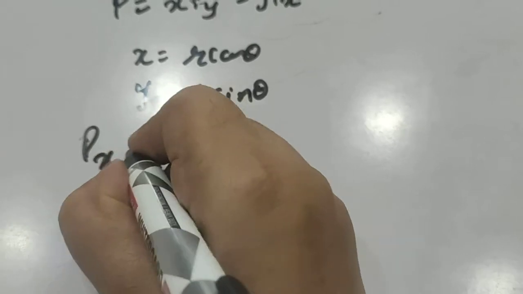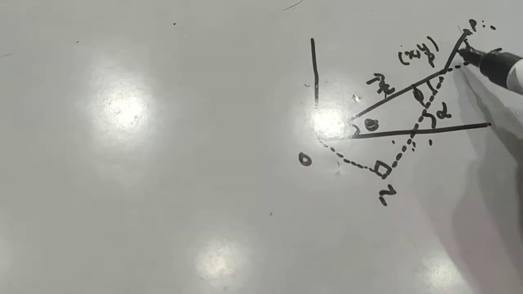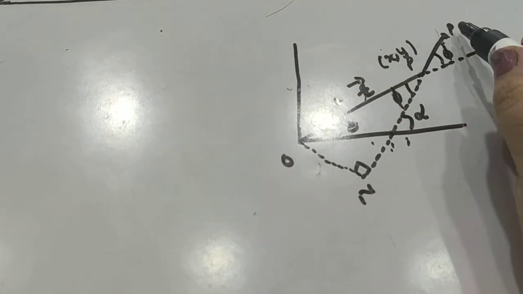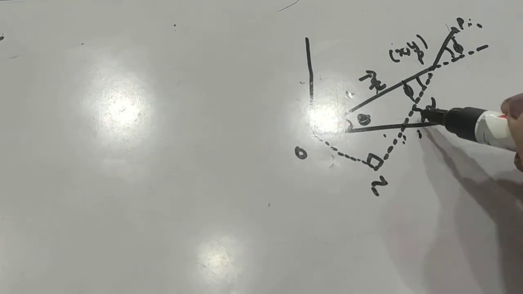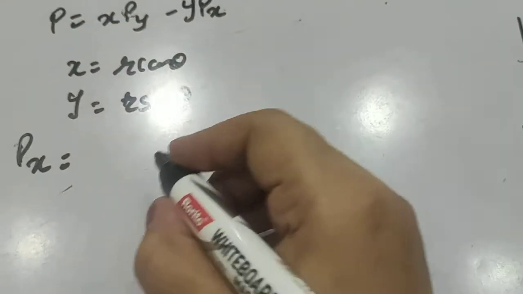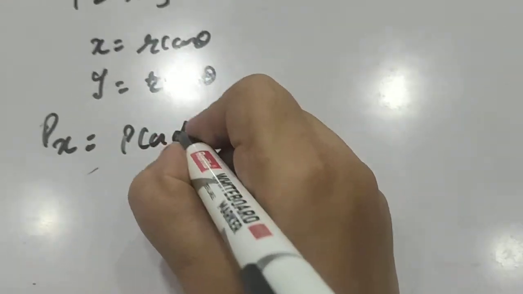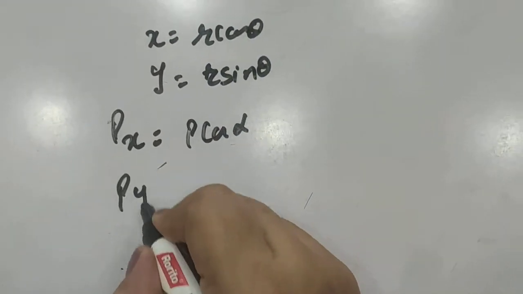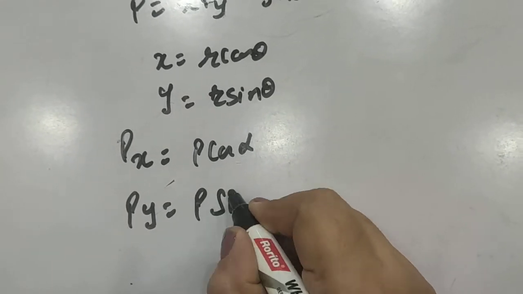Similarly, the angle made by linear momentum with the x-axis is alpha. So px is p cos alpha, and py is equal to p sin alpha.